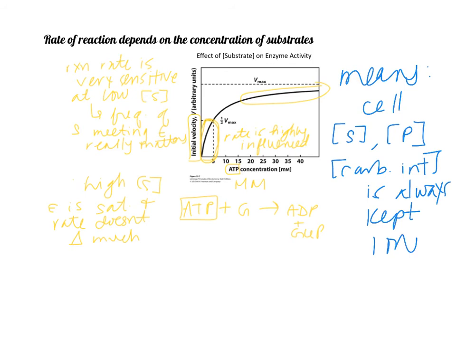This allows for even small fluctuations in a substrate concentration to have a big effect on the enzyme activity. So if you keep the concentration of glucose really low and it shifts up just a little bit, that's going to increase the reaction rate for hexokinase. And if it comes down a little bit, it's going to decrease the reaction rate for hexokinase.